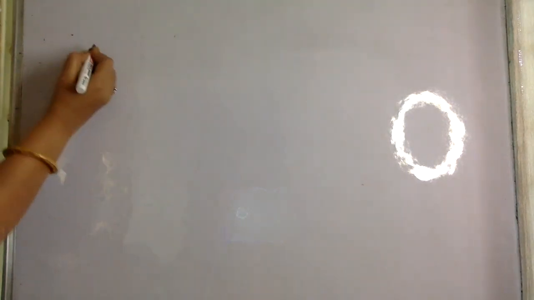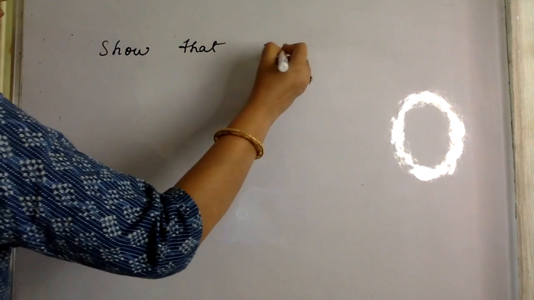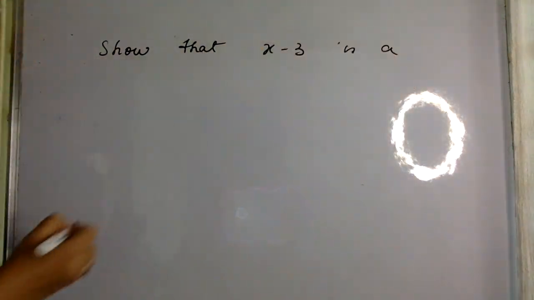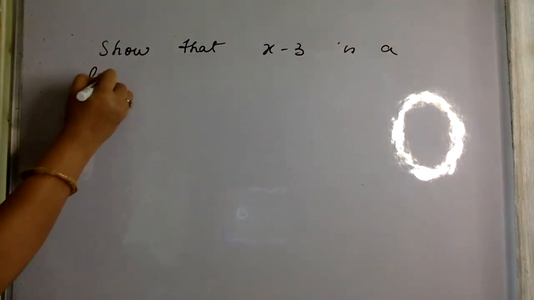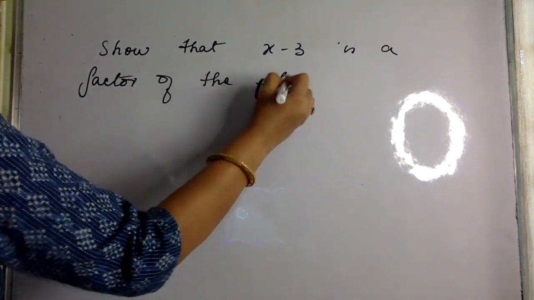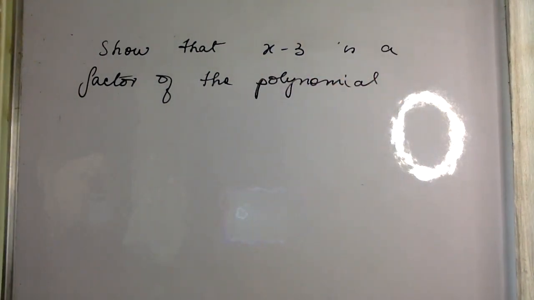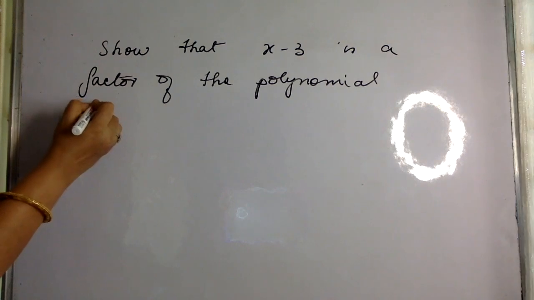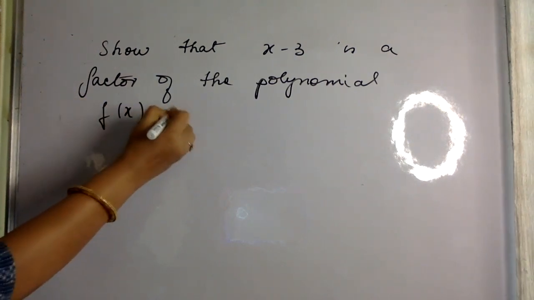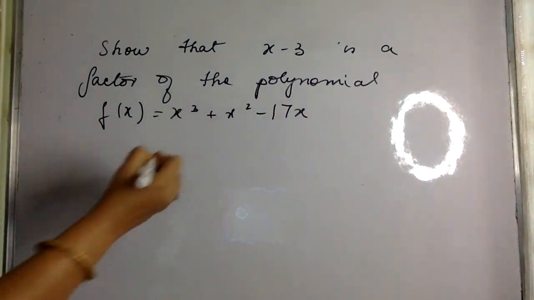Our very first question is: show that x minus 3 is a factor of the polynomial f(x), which is x cube plus x square minus 17x plus 15.